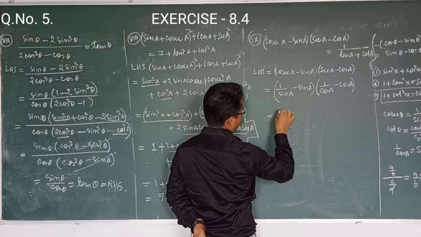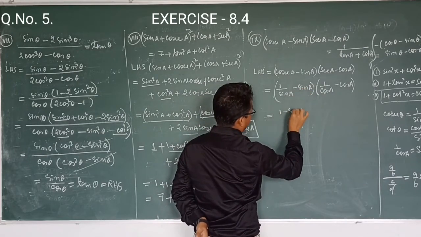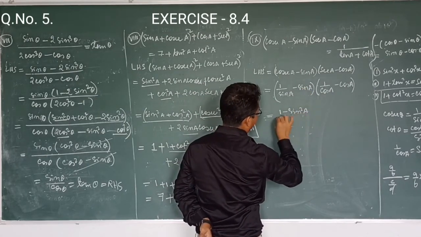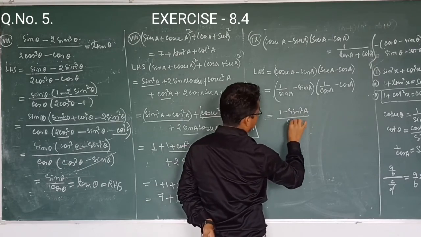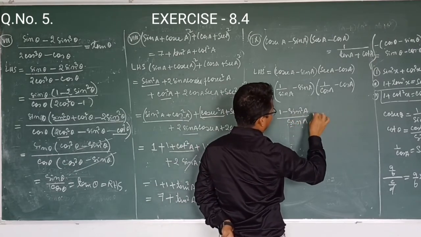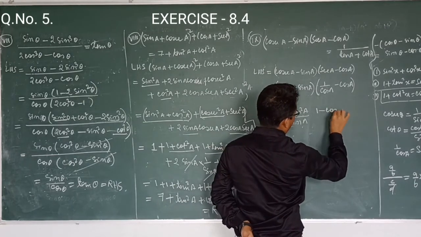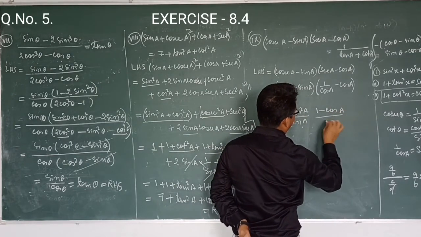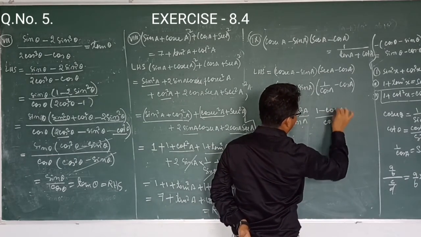We multiply this, then this is 1 minus sin square A by sin A, and here 1 minus cos square A by cos A.